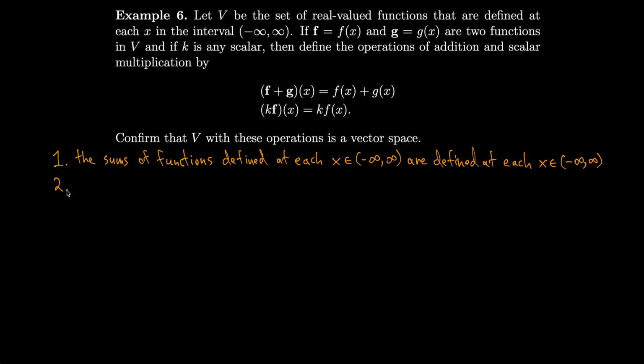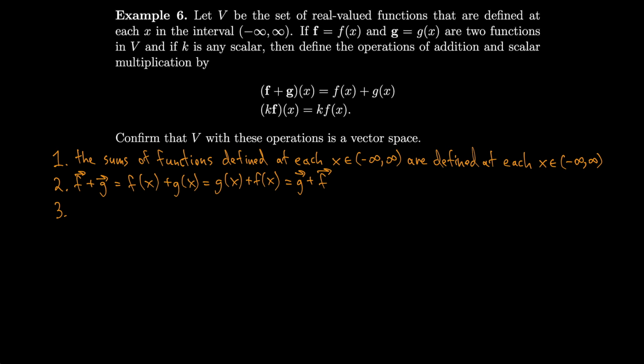Okay, let's look at number 2. If we take f plus g, we want to see that that equals g plus f. So by definition, that's f of x plus g of x. So that's the same as writing g of x plus f of x, because addition of functions is commutative. So that's g plus f.